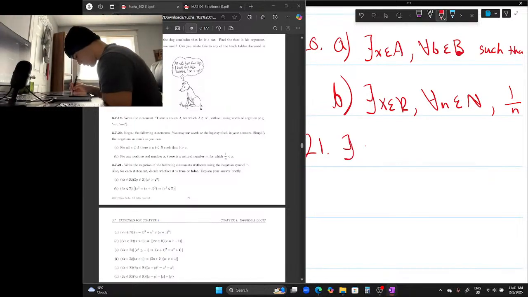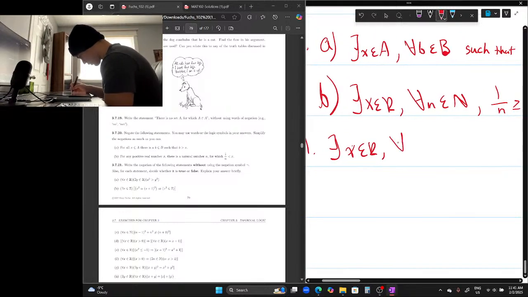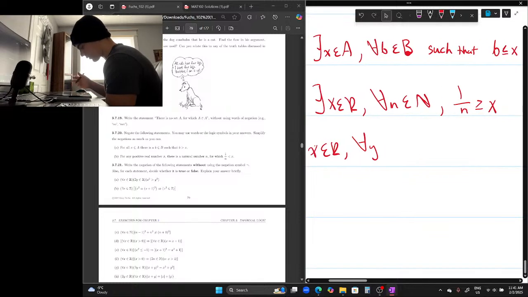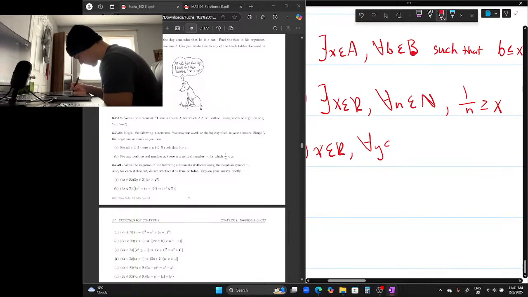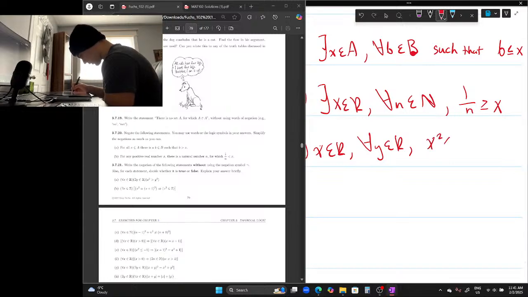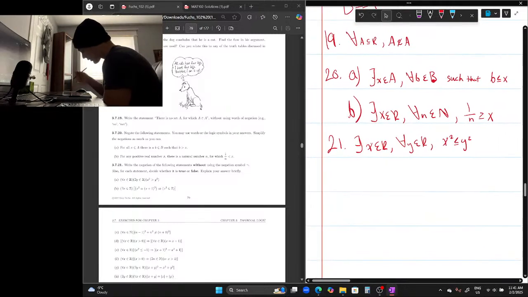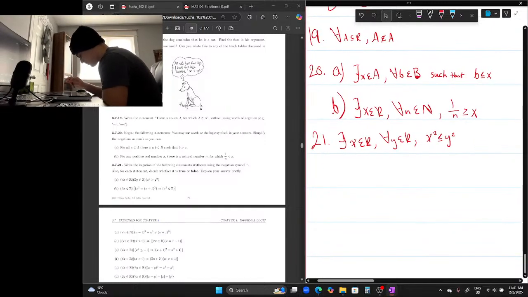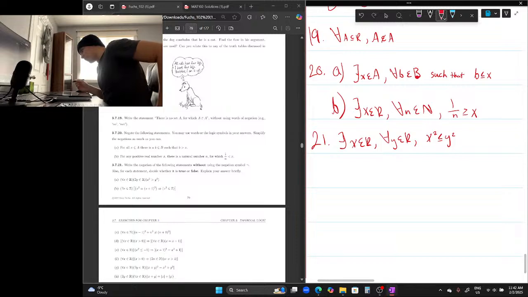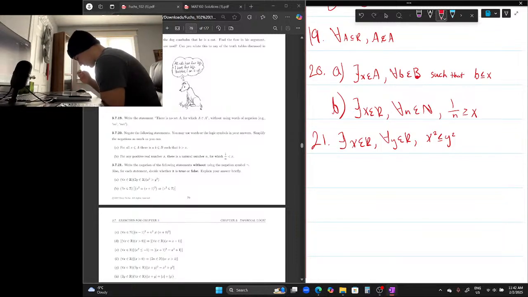So, negation: for all x in R, there is an x such that for all y in R, x squared is less than or equal to y squared. This is false, obviously. There is no smallest integer that satisfies this. It just doesn't exist.